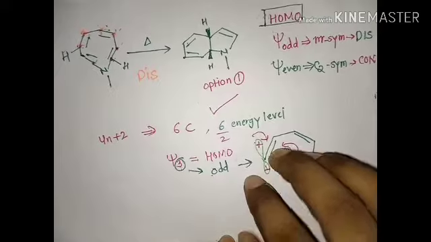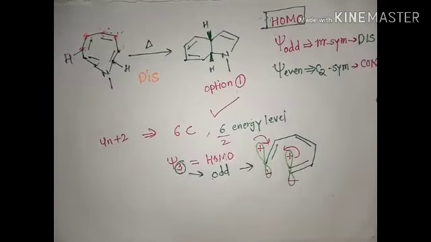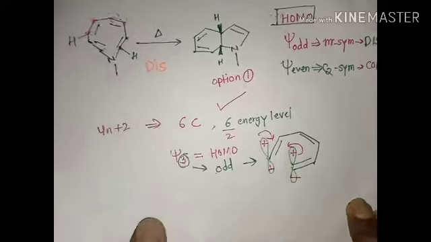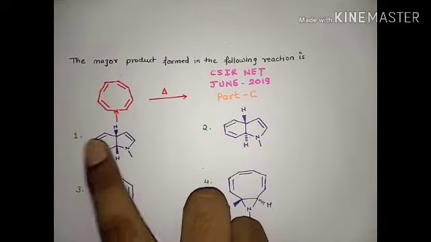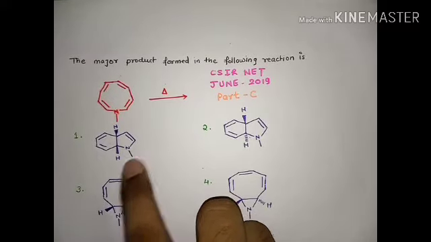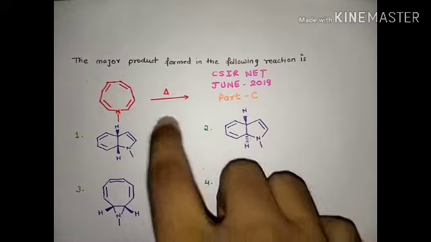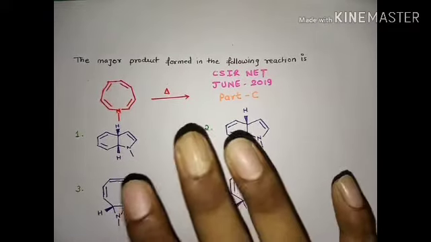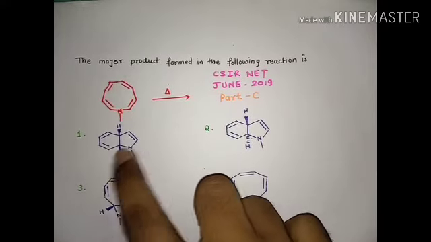In this way you will get option number 1. In short, because 6- and 5-membered rings are always joined with cis fusion, not trans fusion, this other option can't be there. Only this option is possible, so even without solving the question we can get the answer.